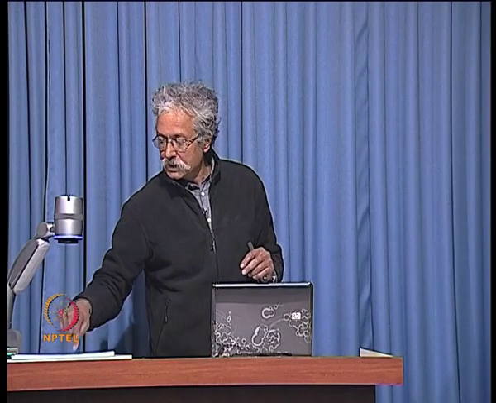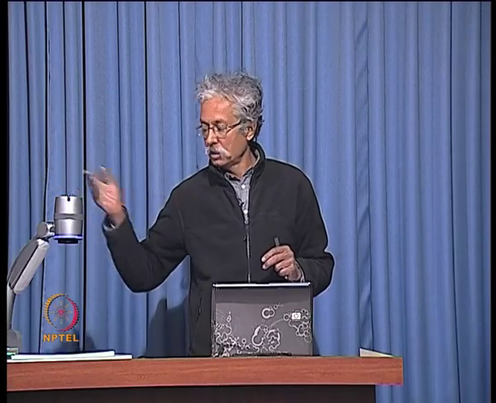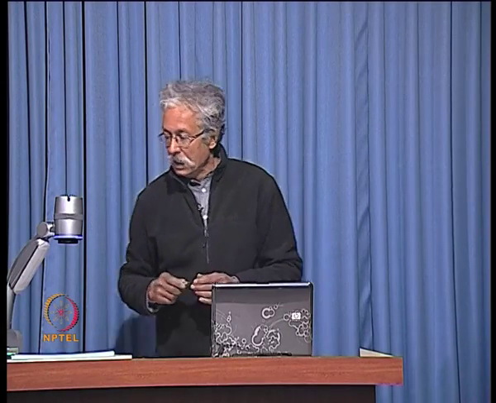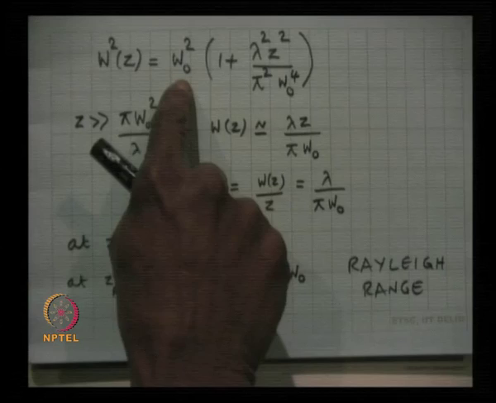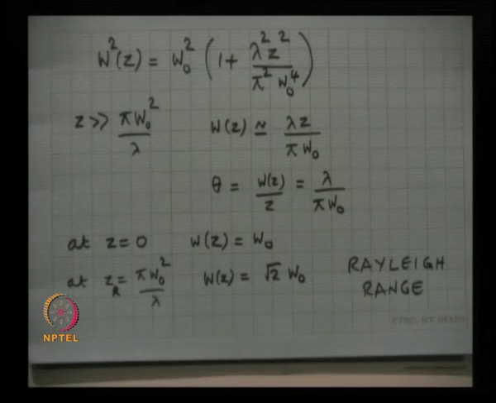Usually in a laser, the waist of the Gaussian beam could be inside the laser cavity, on one of the mirrors of the cavity, or outside the laser, depending on the laser construction. w0 is the spot size at z equal to 0, which is the minimum spot size, called the waist of the Gaussian beam.